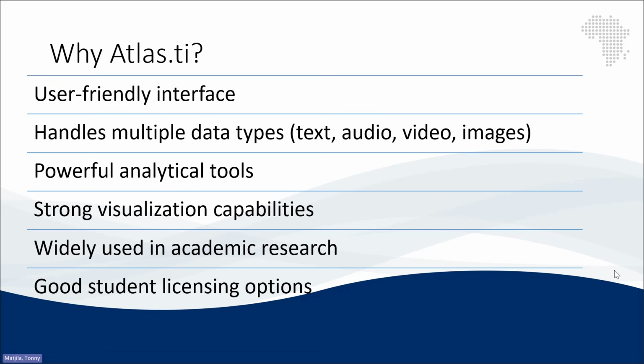I believe the skills that you learn in Atlas are also transferable to other packages. View it like Atlas may be BMW and NVivo might be Mercedes-Benz. More or less the same. Whatever you do in Atlas, you can also do in NVivo. But at the moment, we have the full license for Atlas.